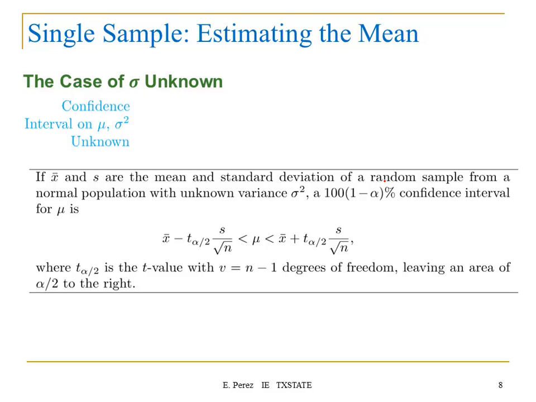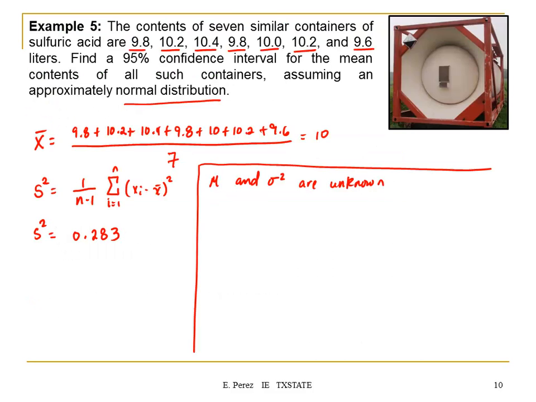Okay? So we have x bar minus t alpha half times s divided by the square root of n, less than mu, less than x bar plus t alpha half times s divided by the square root of n.